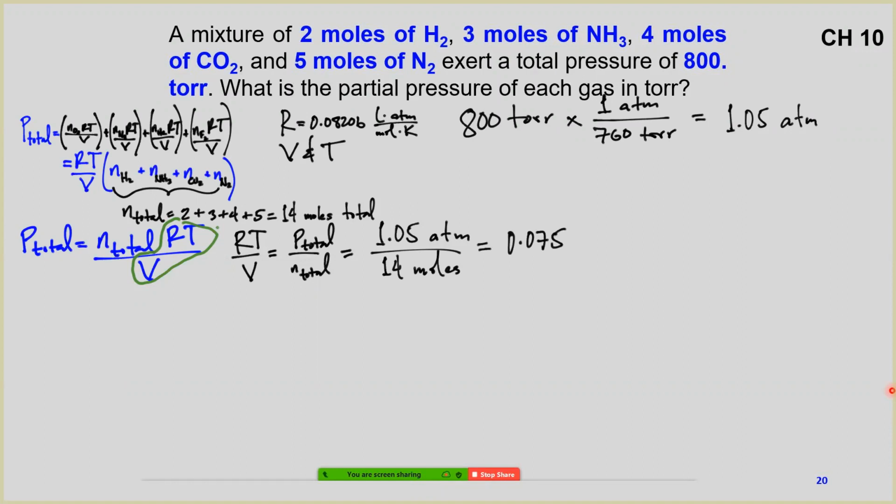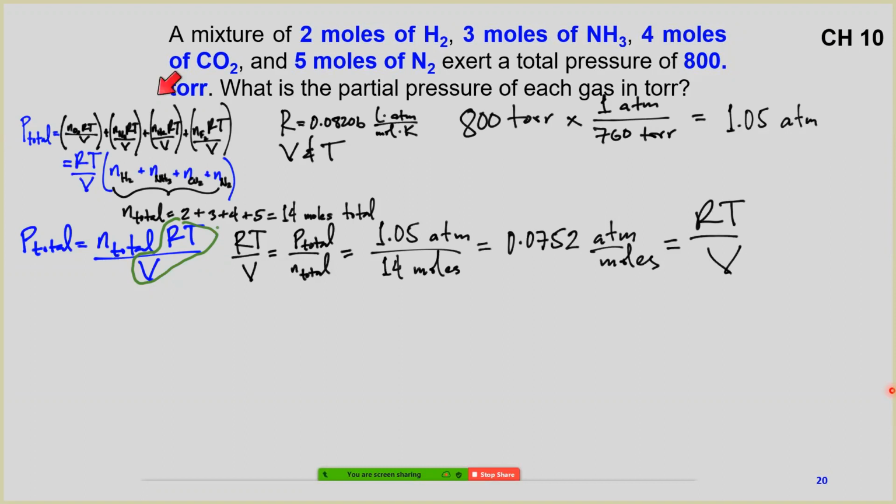We can round this to 0.0752. So this is our RT over V, right? So this is atm per mole. All right. So again, this is our RT over V.